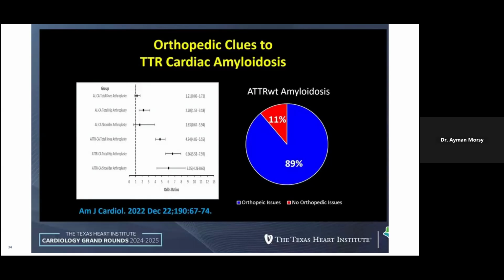Orthopedic issues or signs are among the key signs, and most of them appear before cardiac involvement, maybe by 10 years. That's why we should look for all orthopedic issues, especially bilateral carpal tunnel, trigger finger, biceps tendon rupture, Popeye sign, and lumbar spine stenosis surgery, and this is the way to go.